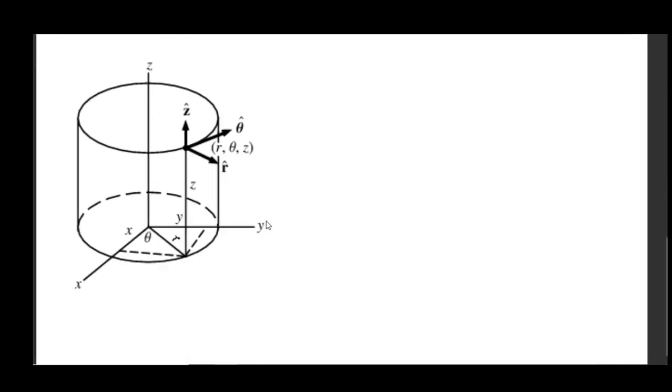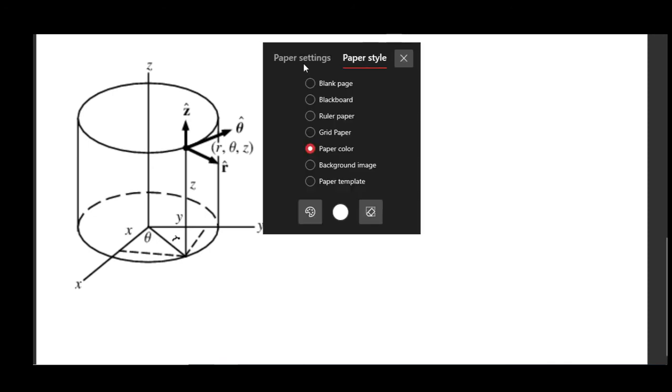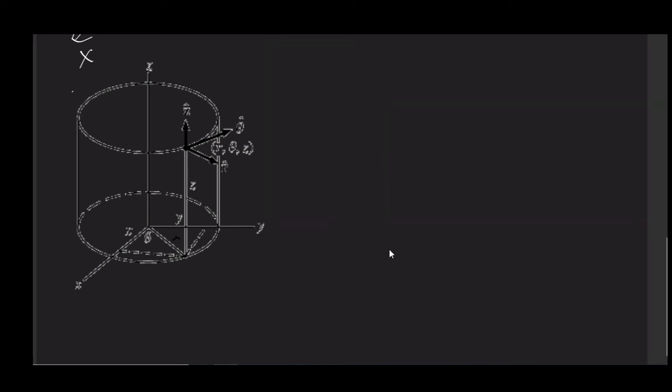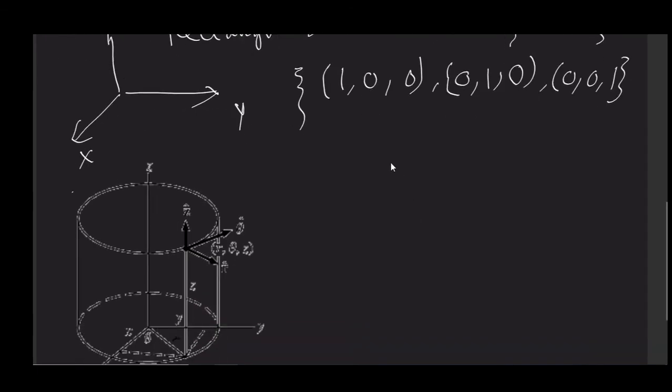Now, if you take this one, r, theta, z, they will also form a basis of the vector space, right? So here one is this one, another one will be r, theta, z.